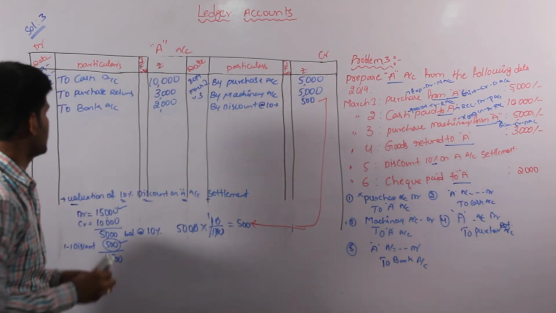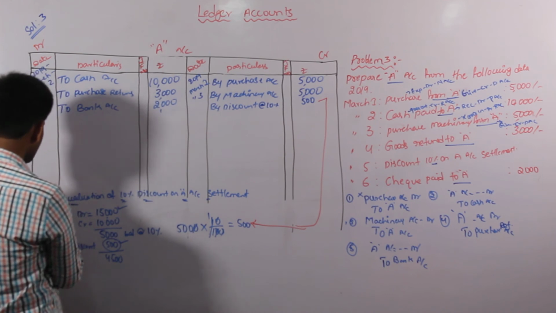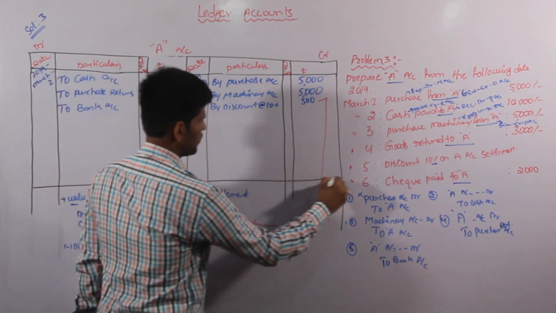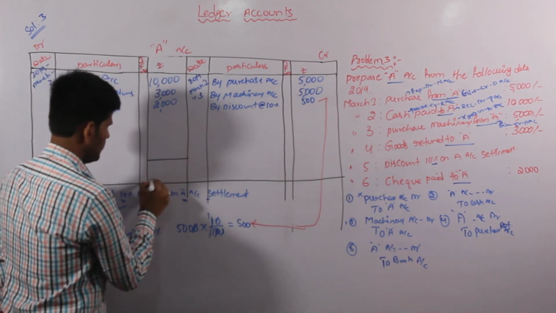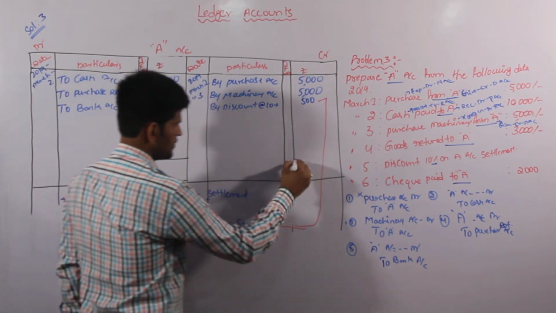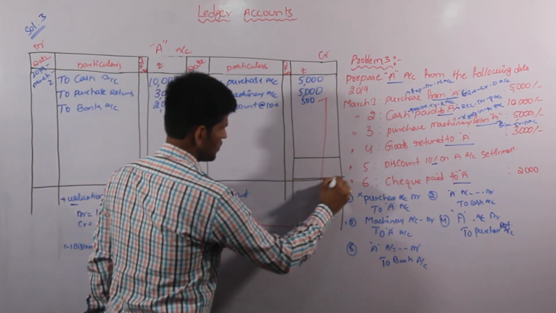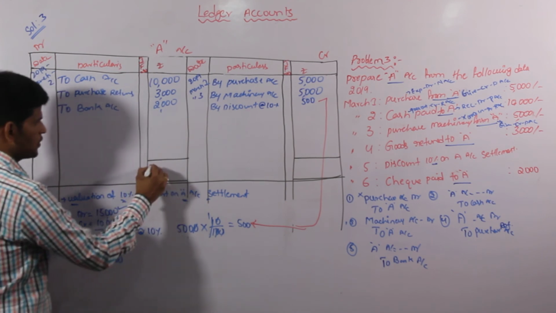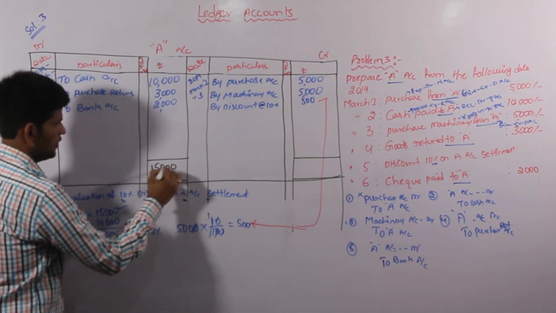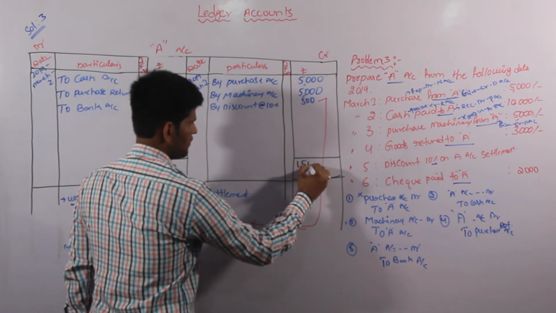Now come to finalize the values. Underline the total, and in the total columns two parallel lines are important. Equal values are also important. So the debit total is the excess value, 15,000, and on the credit side I also write the same value.